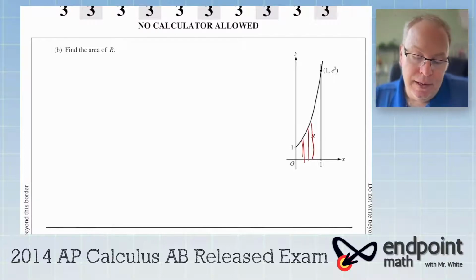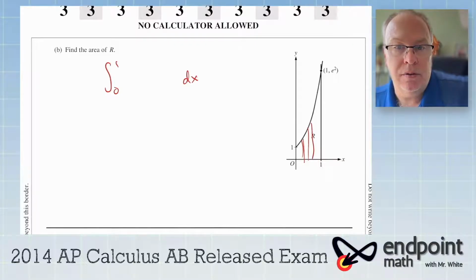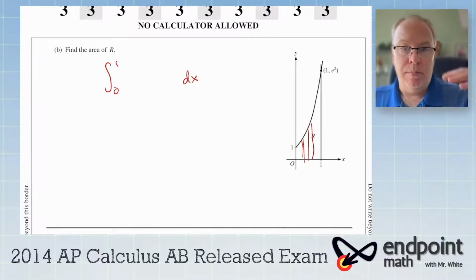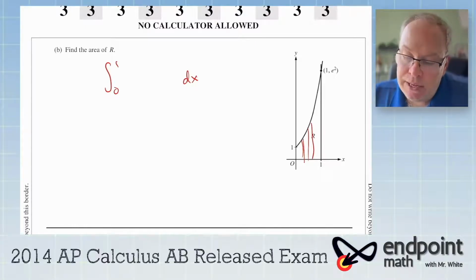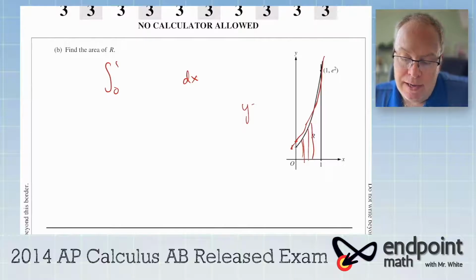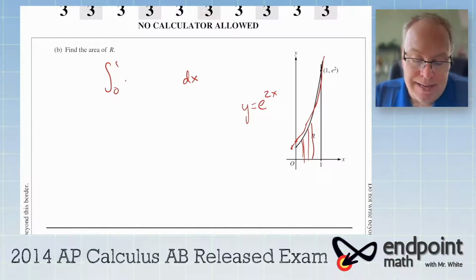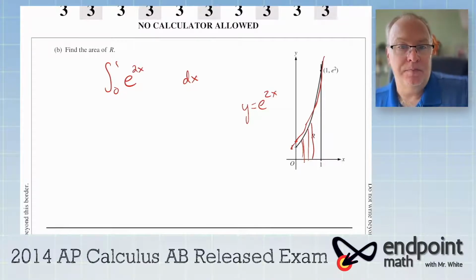So we've got the integral from 0 to 1 because we're doing this with dx's as our width on our rectangles. It's always upper function minus lower function, but we only have one upper function. It's that y equals e to the 2x function. So we're going to integrate from 0 to 1 of e to the 2x dx.